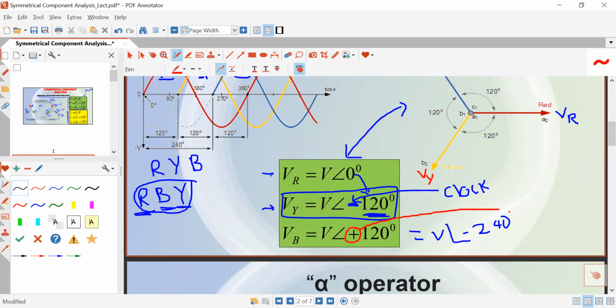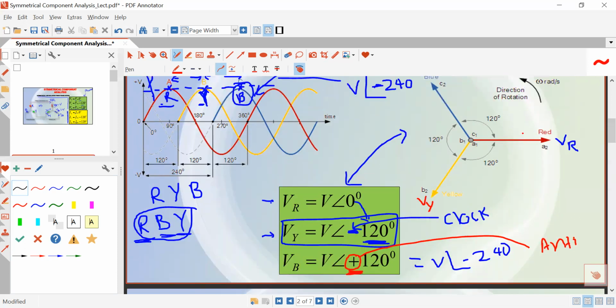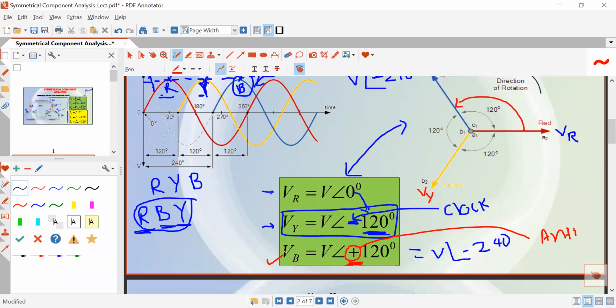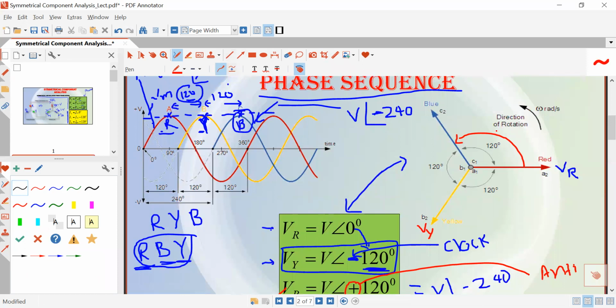So from the reference, you draw a vector in the anti-clockwise direction at an angle of 120 degrees, and you will get this vector. This will represent VB.